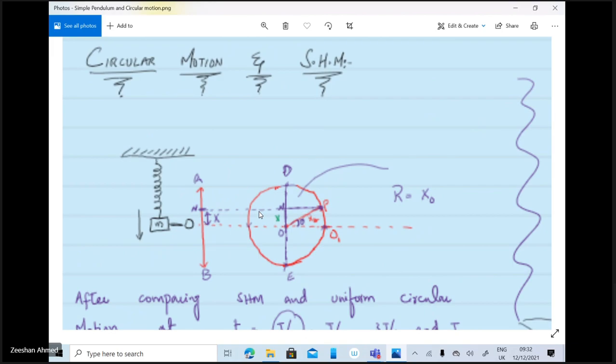The introduction is written in the books. If you have books, let us consider the same situation. They are saying, let there be a particle of mass m burning in a horizontal circle of radius r with angular velocity omega.